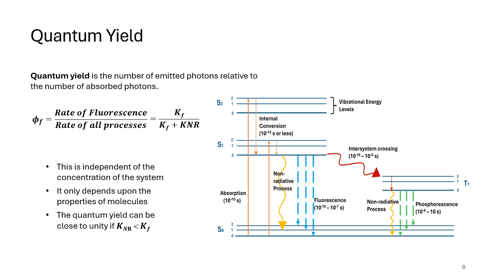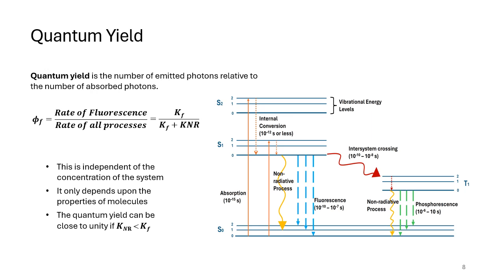when the rate of non-radiative process is very much higher than the rate of the fluorescence, quantum yield tends to 0. So again we will see in the case of intensity also, when the non-radiative process is very high, at that time it actually quenches the intensity of fluorescence, and this is called the quenching actually.